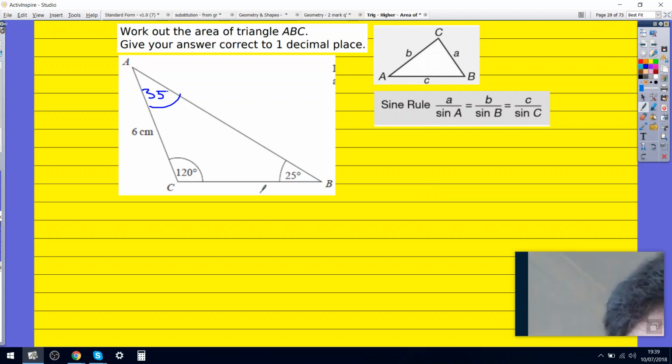So then, x over sine 35 equals 6 over sine 25.